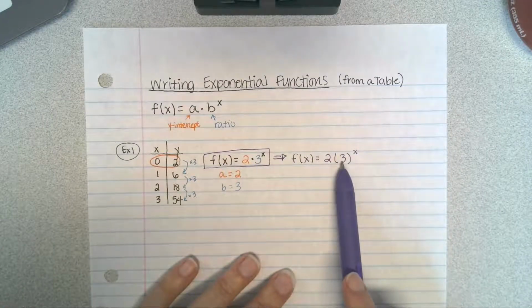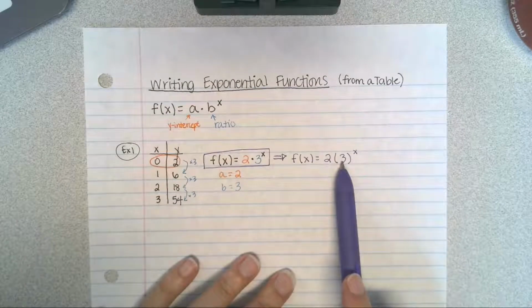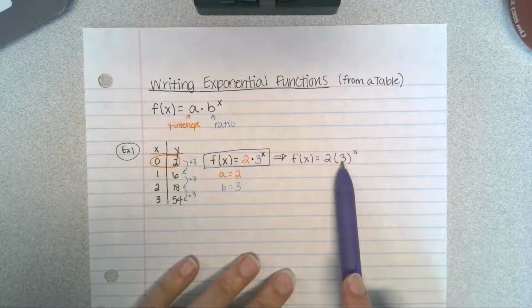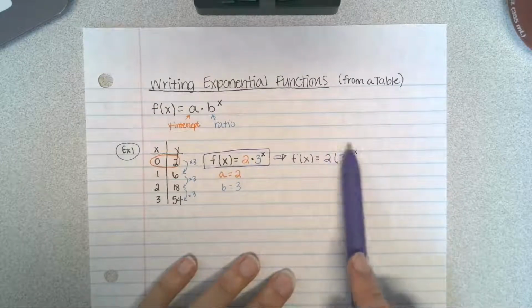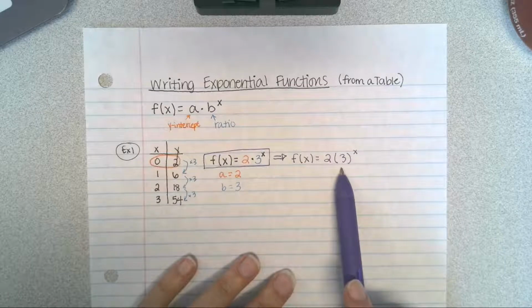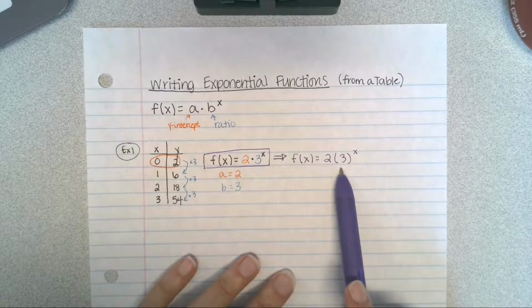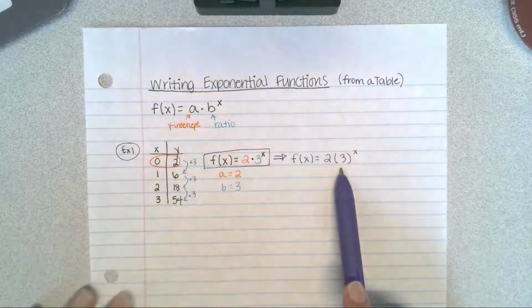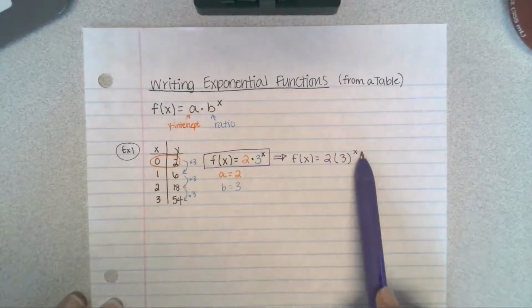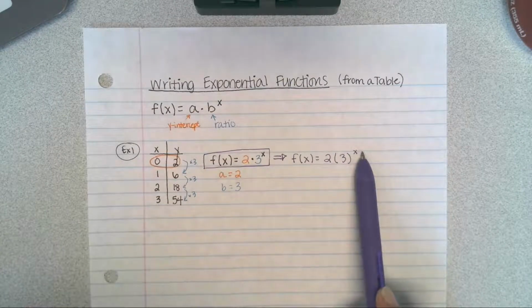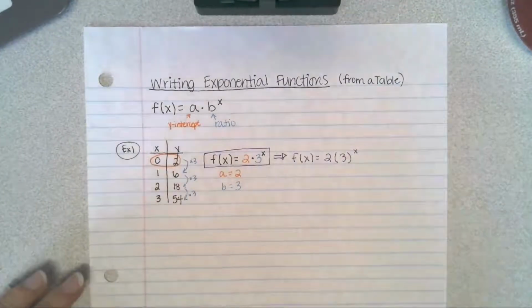I find that it's easier to read, it's easier to see, it's easier to type in when we get to our Delta Math units, but just in general, it looks a little bit cleaner, and when fractions come into play, which is something we're about to look at, I think it just looks a little bit better, and it's not as confusing. You're less likely to try to multiply 2 times 3 before raising it to the exponent, because remember, we have to follow our order of operations.